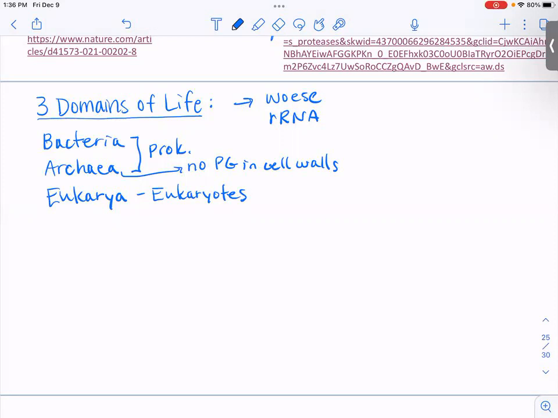And then the eukaryotes that we talked about: of course fungi, protists briefly, plants, and animals. Those are our eukarya. The difference between a fungi and a plant is that fungi don't photosynthesize.